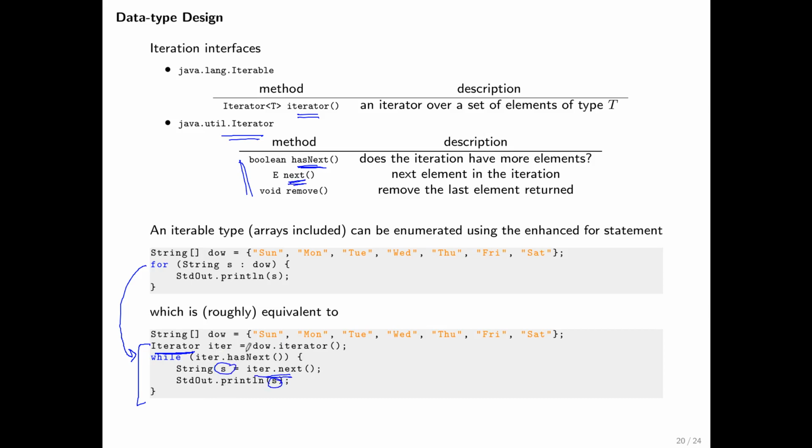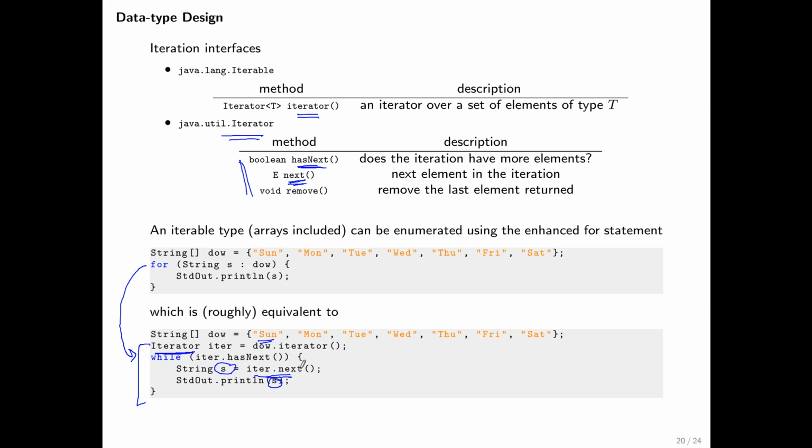Okay, so for this array here, in the very first iteration, iter.hasNext is going to be true because there are all these elements that are yet to be iterated. And so I go in and I get the next element. So it is Sunday that gets assigned to S and gets printed out. In the next iteration, iter.hasNext still returns true because there are all these remaining elements to be iterated.